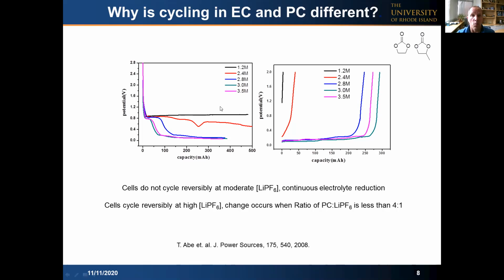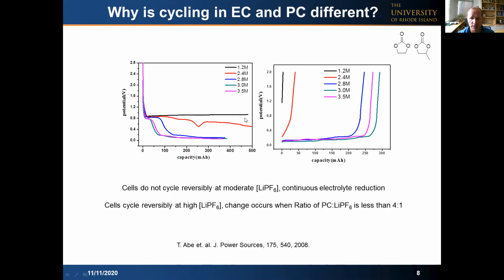However, when you look at the 1.2 molar solutions of LiPF6 in propylene carbonate, what you see is on the first cycle, instead of going down and seeing the stages of lithium that we observe typically, we see continuous electrolyte reduction.